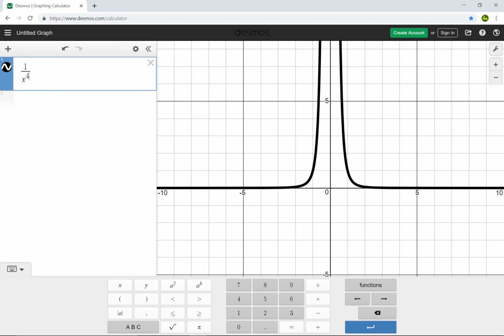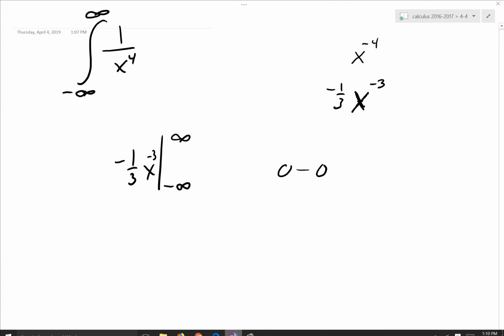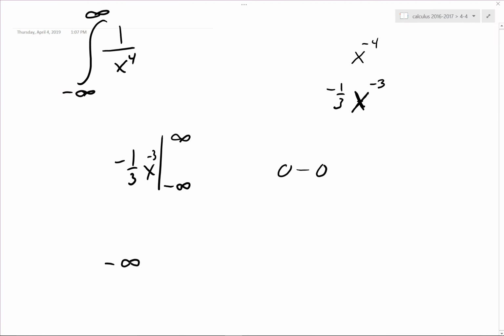And you would have caught that, dear, if you'd have said, let's go from negative infinity to 0 of this, then you would have done this number. And then you would have said, oh, that's a 0.